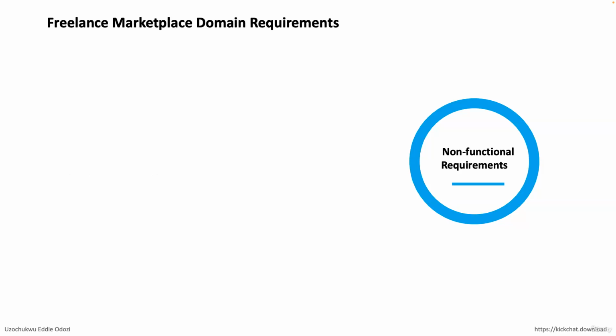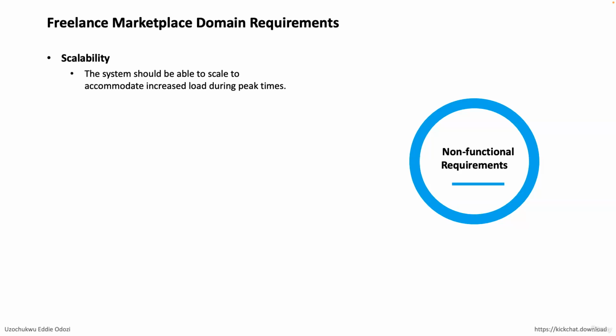Now for our own application that we want to build, what are the non-functional requirements that we are going to take into consideration? The first is scalability. We are going to start building the application locally. That is fine. We don't need to care about scalability or other non-functional requirements like security because we are building locally.